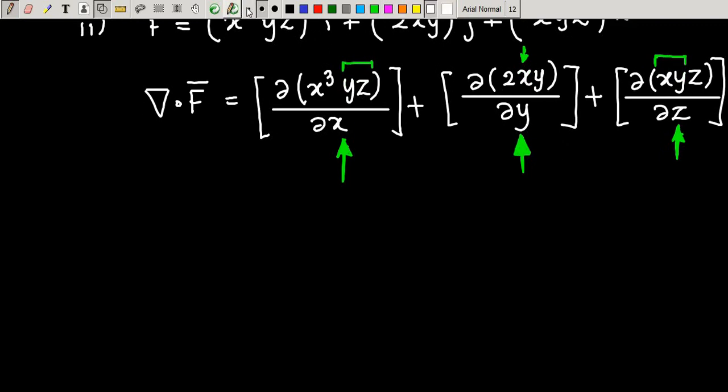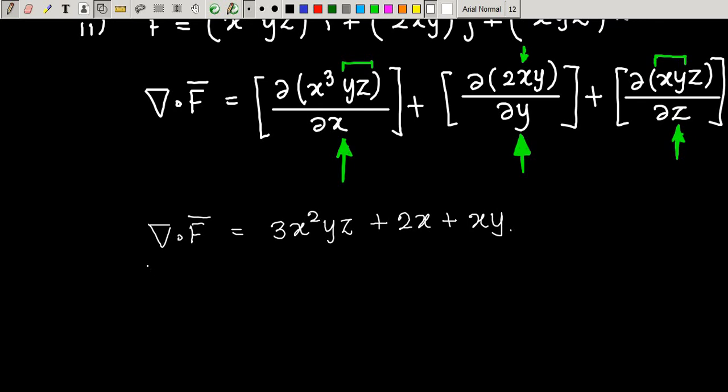Therefore, del dot f bar, that is the divergence of f bar, is equal to 3 times x square into yz plus 2 times x plus x into y. So this will be the required value for the divergence of the vector function f bar.